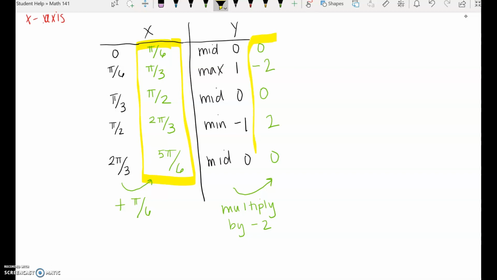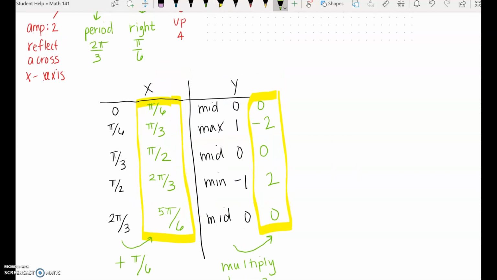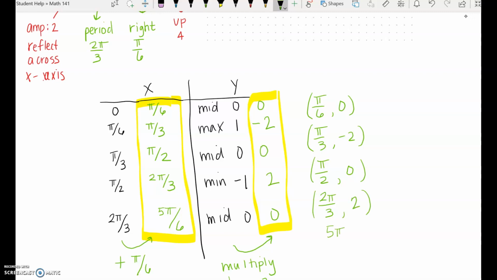So these are the y values that we're going to end up plotting. So we have pi over 6, 0, pi over 3, -2, pi over 2, 0, 2 pi over 3, 2, and 5 pi over 6, 0.